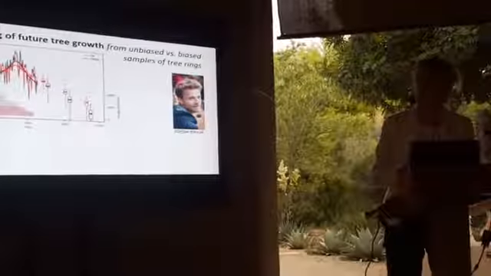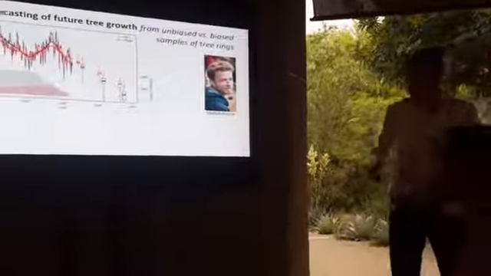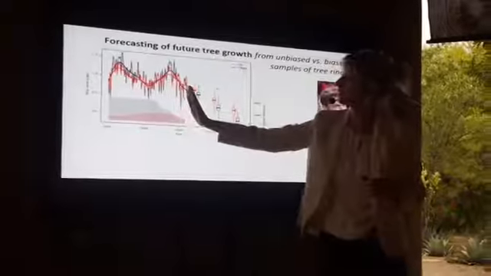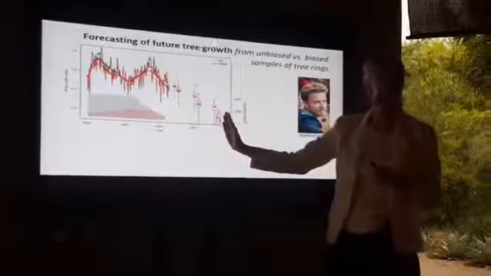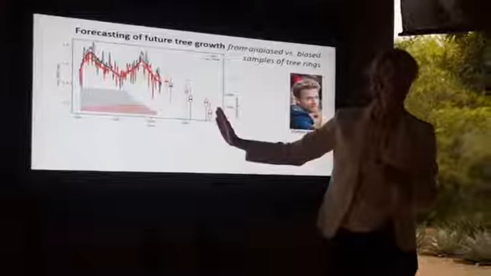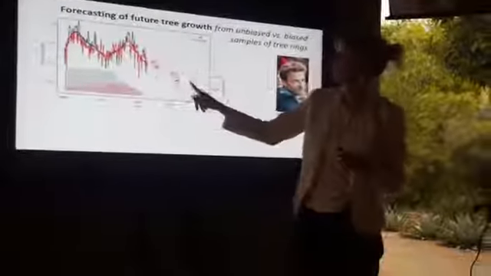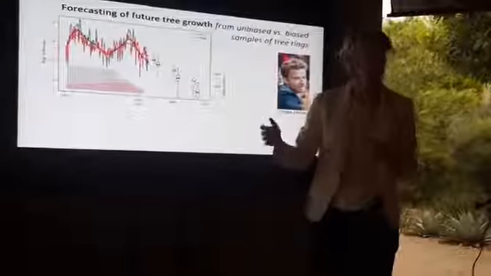This paper just came out last December, and the red line shows you the historical record, so this is the past up to the present, and then we have future projections of ring width index, or relative growth of the trees. And what you see is that the red symbols, from the forest inventory data, are higher than the black.